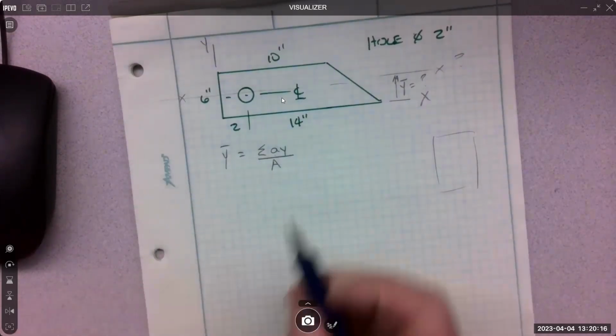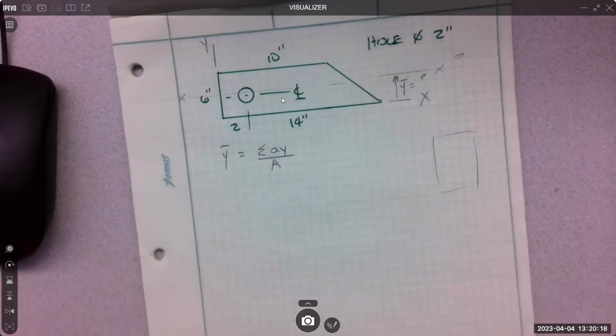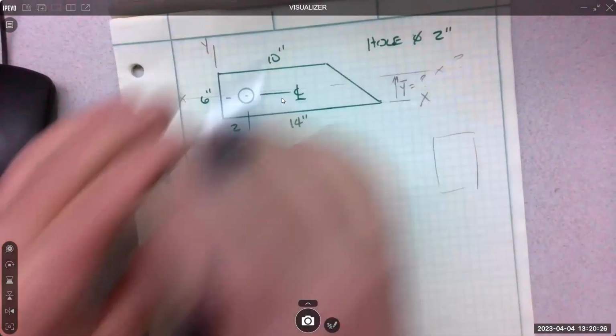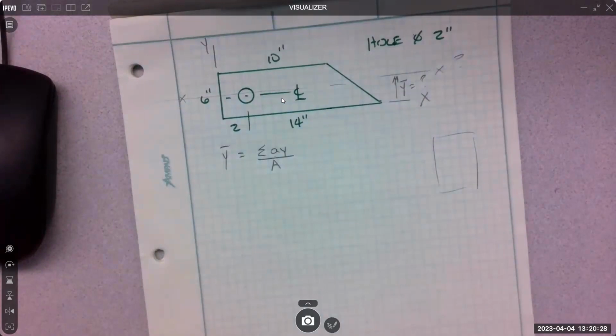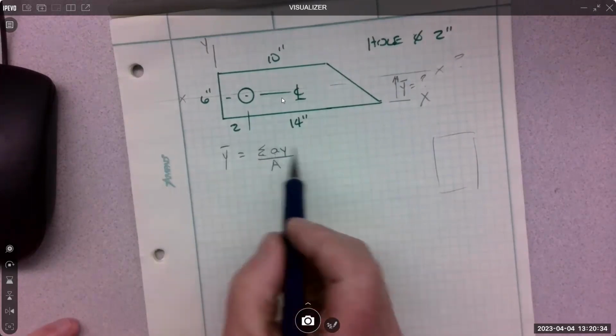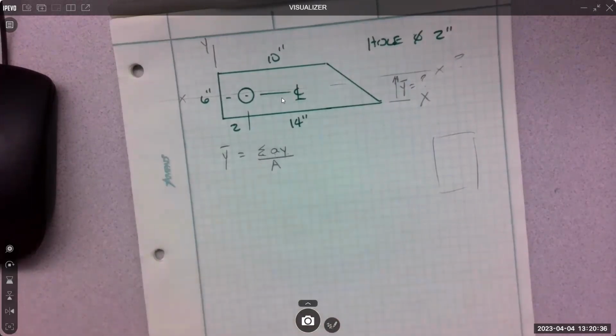And the Y's were to each individual area. So you take a complex shape and you break it into its simple shapes. You can do those simple shapes individually. That's why we're summing all the areas times their Y distances. So what shapes do you want to break it into?